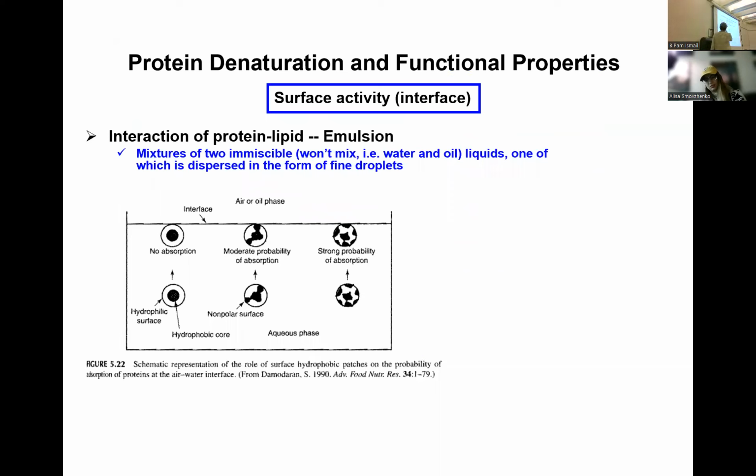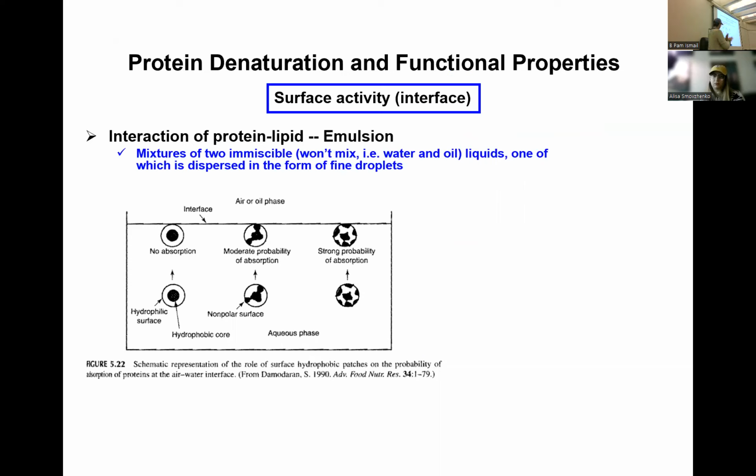This diagram is from Fennema. It shows the white circle as high hydrophilicity and the black as hydrophobicity. When a protein is very hydrophilic on the surface and not denatured, it will not adsorb at the interface. It will not want to interact with the hydrophobic phase. If you have some hydrophobicity, you have some interaction, or adsorption, at the interface. With higher surface hydrophobicity, you have more probability of adsorption at the interface.